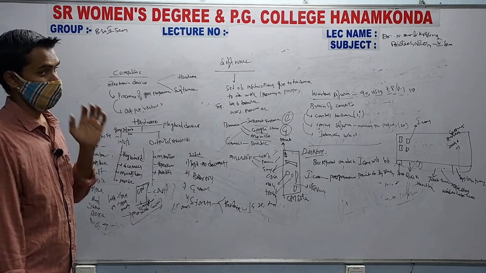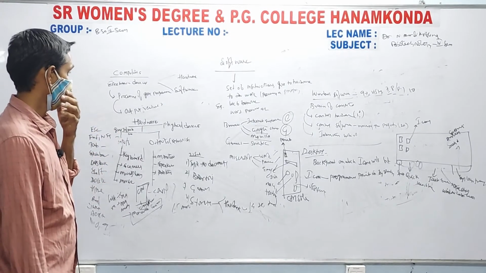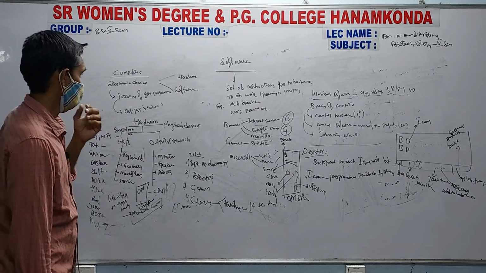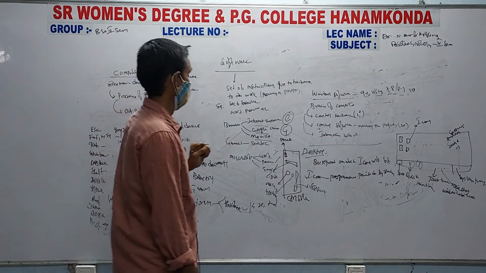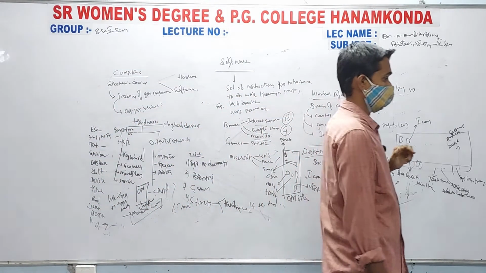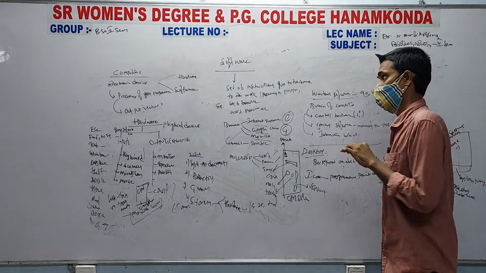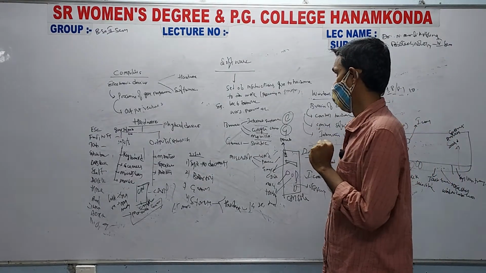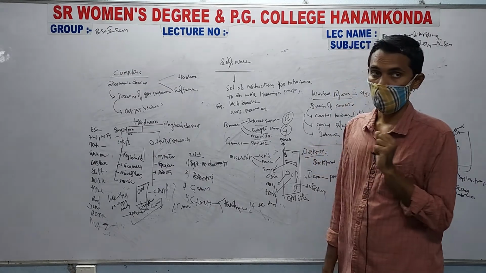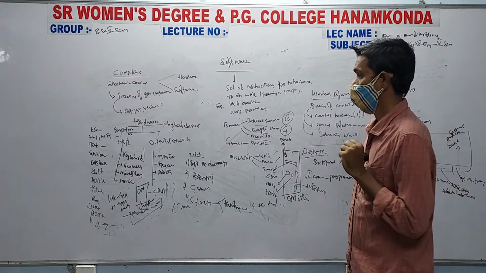So these are the basics of software which are present in computers. In the previous class we discussed the basic structural components of the computer. In this class we discussed the software which is used in computers.